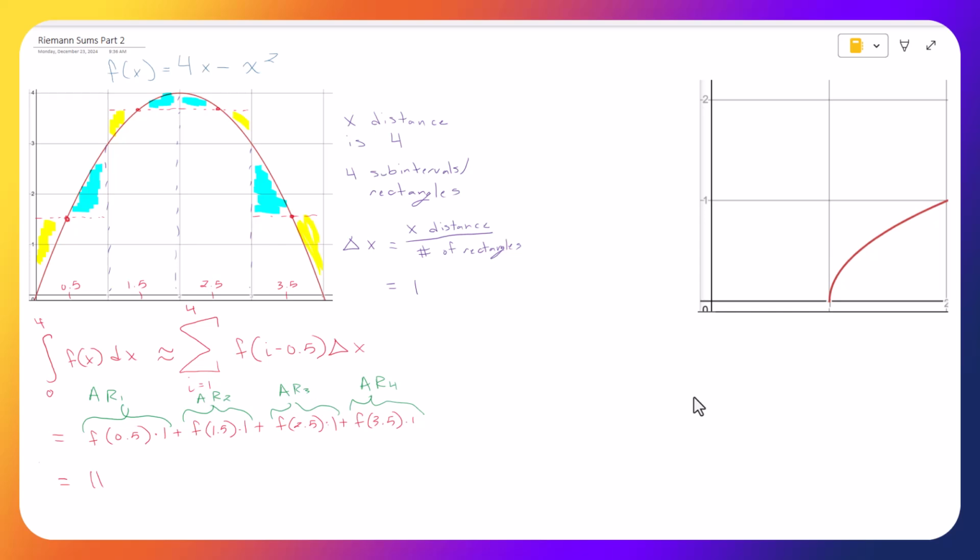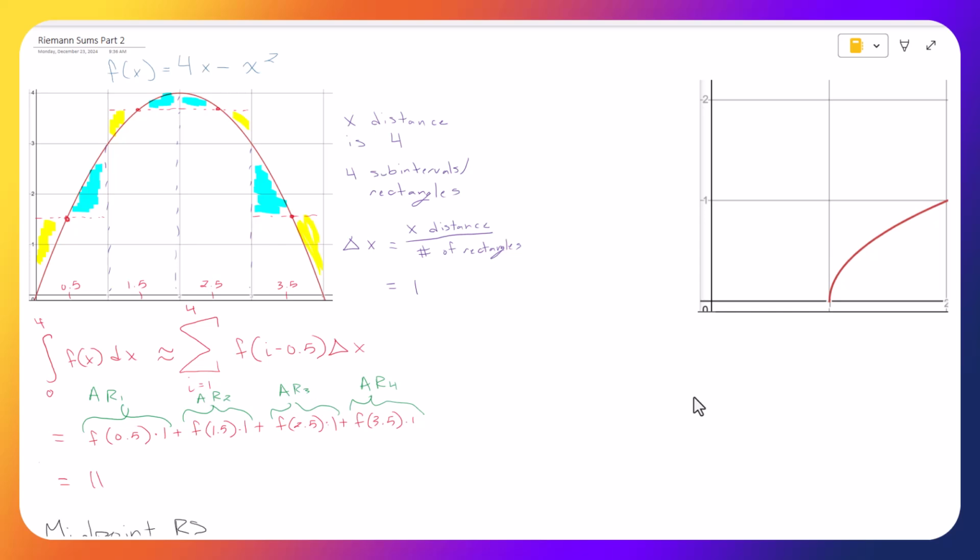And now let's talk about our over approximation or under approximation. Well, just as a reminder, this is our midpoint Riemann sum, and our approximation is pretty good.